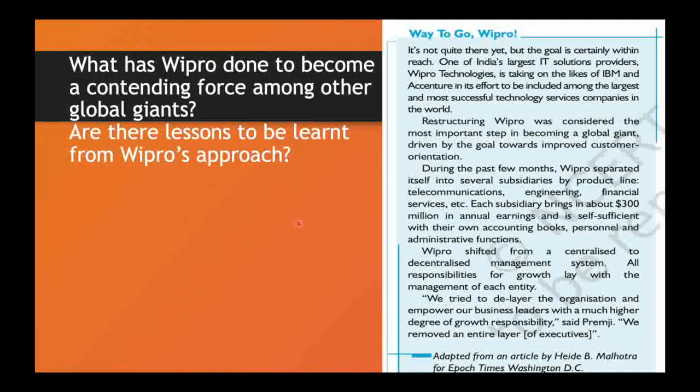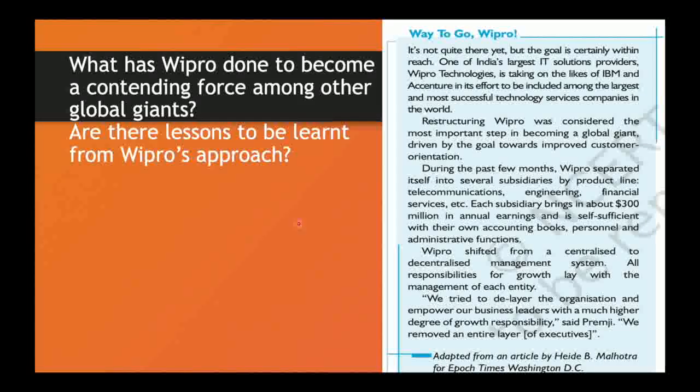See, if you see this case of Wipro company, it is very evident here that Wipro has moved towards reaching its goal of becoming a globally successful technology company. I would advise you here that you must study the history of Wipro company, what actually they were manufacturing and what they are known for nowadays.